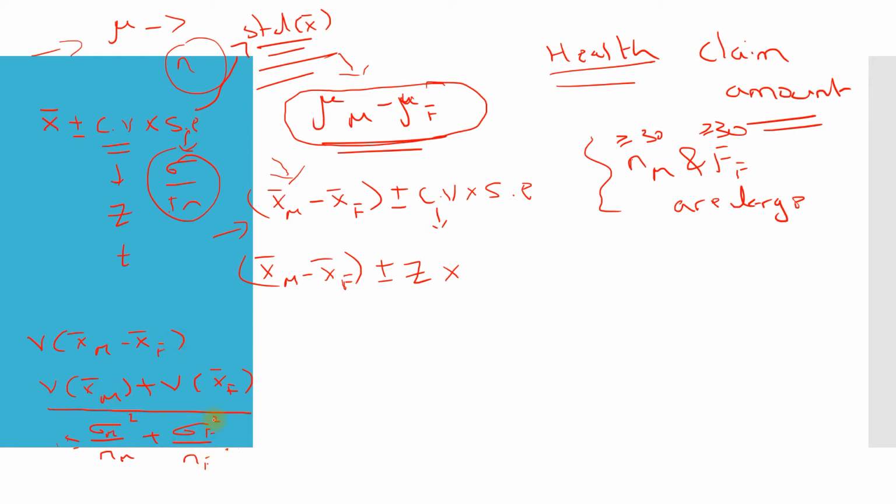So that's what it is in the end. So what is the standard deviation of x bar m minus x bar f? That is our standard error. In other words, it becomes the square root of that part that we just obtained.